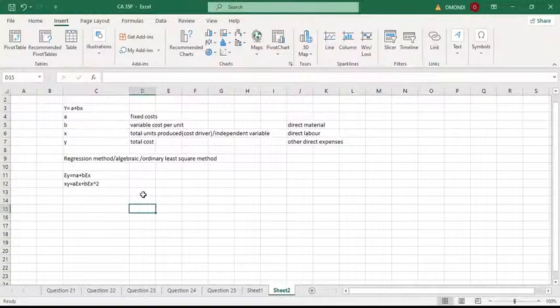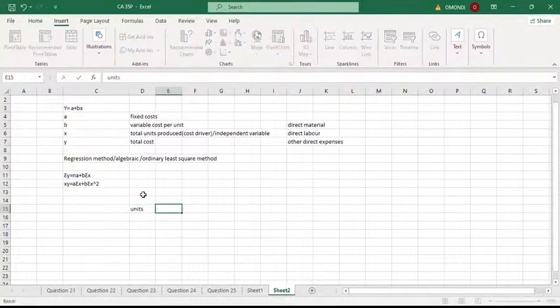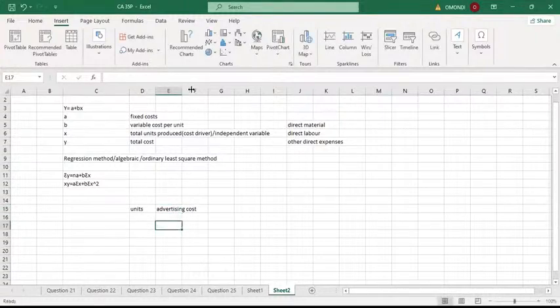So our own data will be units, and then we have advertising costs.